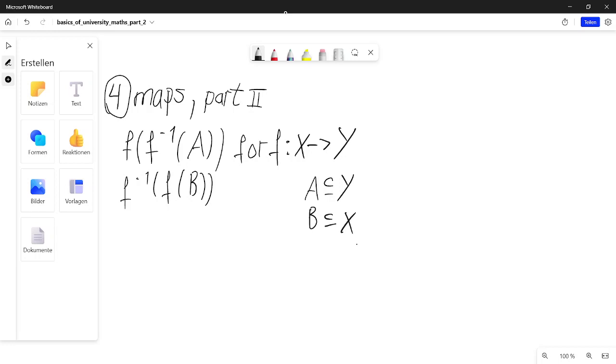And of course, the natural question that we are wondering about is, is that equal to A by chance? Or is that equal to B? Or is there at least a subset relation in play? Let's take a look at that. All right.